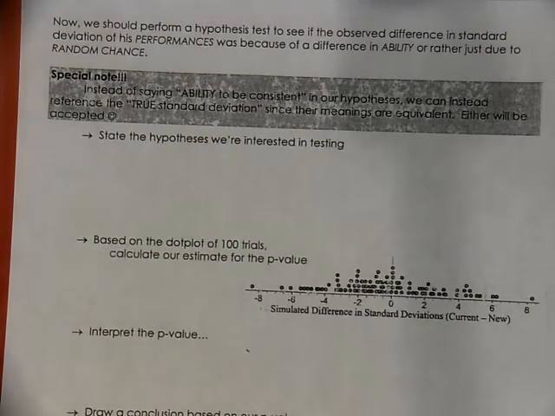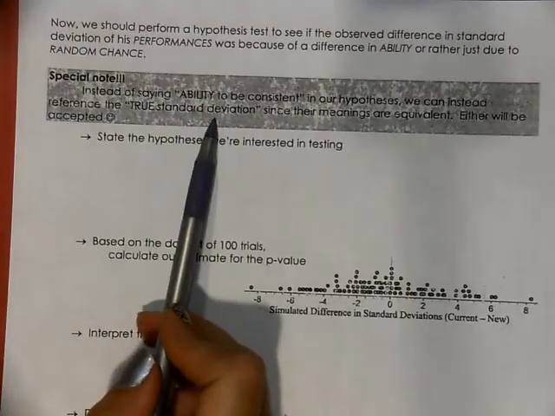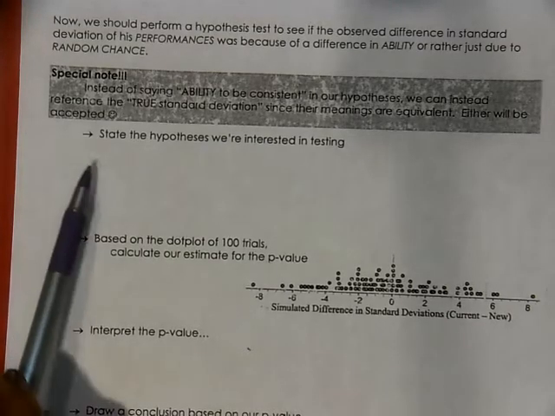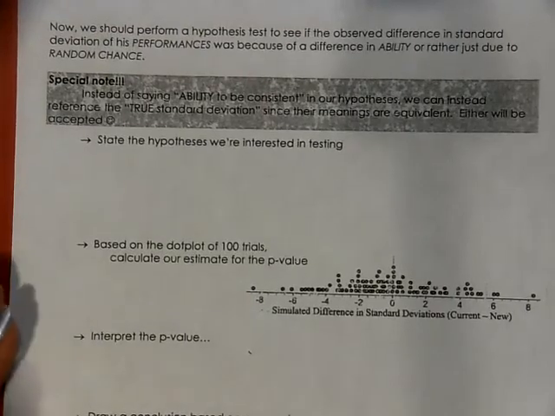Instead of saying ability to be consistent in our hypotheses, we can refer to true standard deviation since their meanings are equivalent. Either will be accepted. So however you want to word it is totally up to you. But I kind of like wording it with ability to be consistent. So you're going to see me word it like that. But feel free to reference true standard deviation in your hypotheses as well.